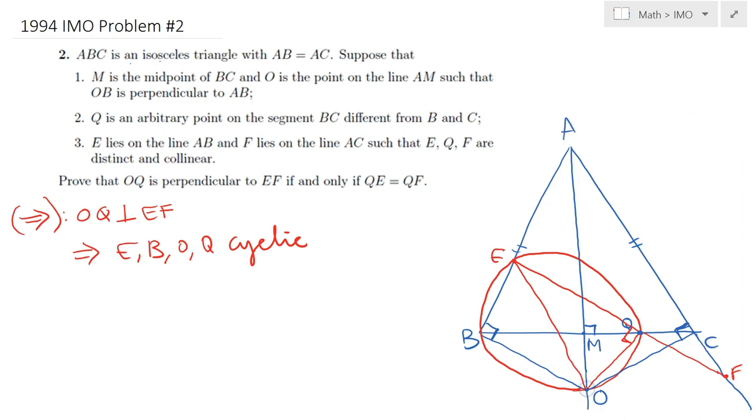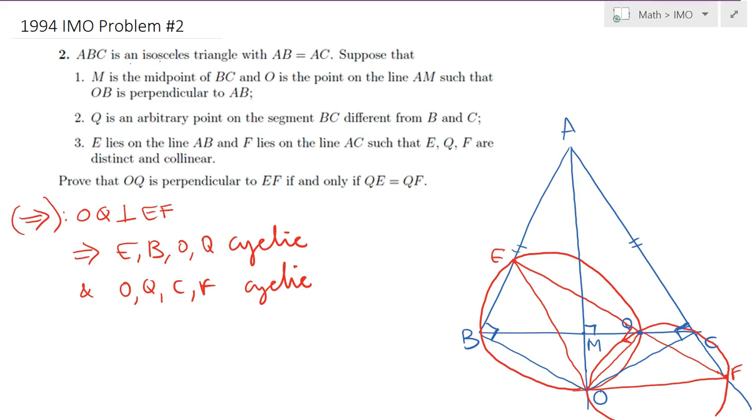Okay, good. And in a similar way, consider the circle with diameter OF. Similarly, Q and C are on that circle as well. So we have O, Q, C, F cyclic. Let me also draw that circle, with diameter OF.